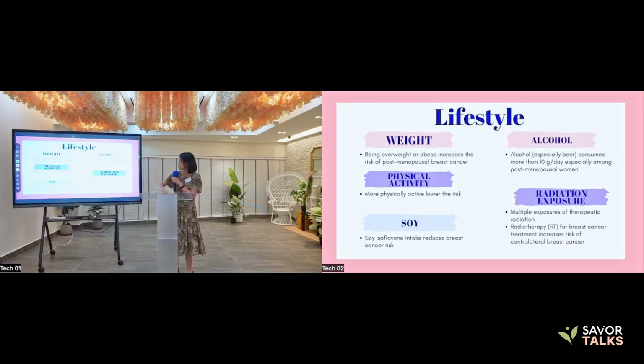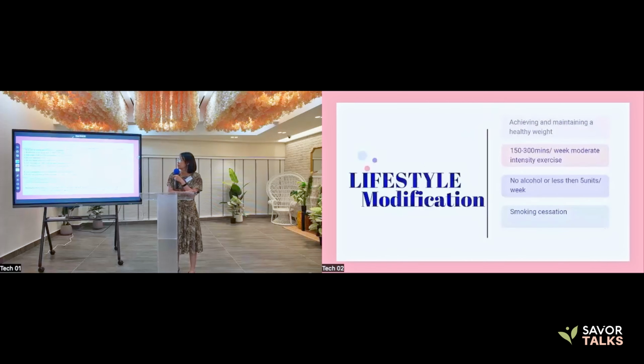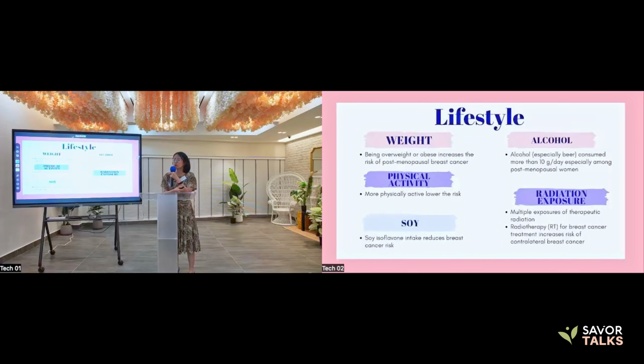Another one is radiation exposure. It seems radiation, if you are exposed at a younger age, causes more harm compared to the elderly.